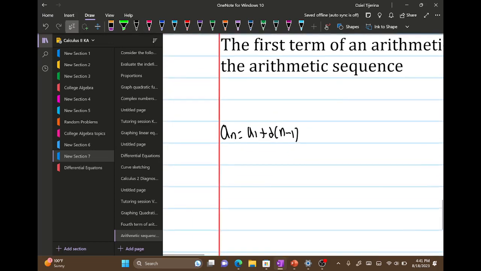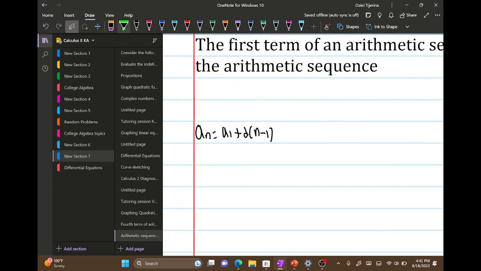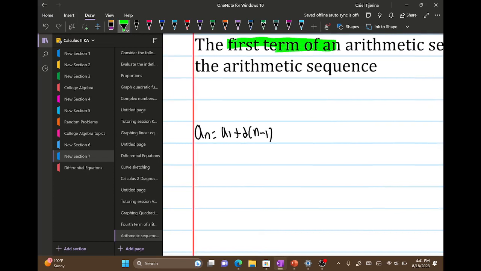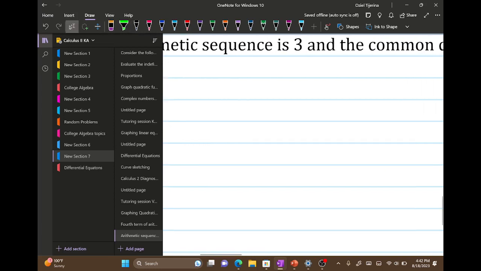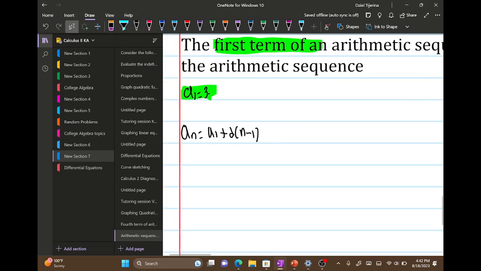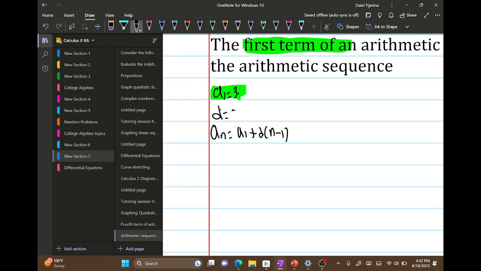But anyways, we know that the first term is 3, so I know that a sub 1 is 3. And another thing is that the common difference is 5, so we would go ahead and put d is equal to 5.